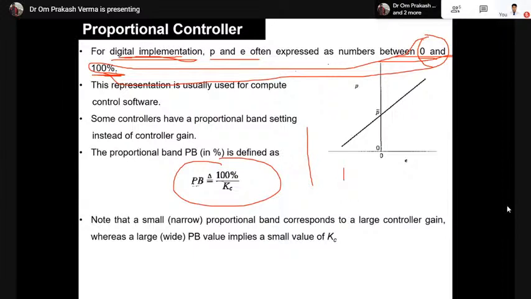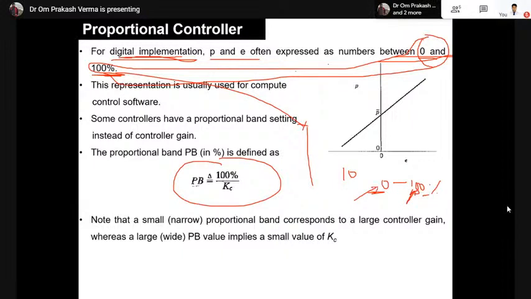In this specification, your valve opening is given in terms of percentage, right? So suppose a 0 to 100% valve: 100% means your valve is totally open, and 0% means your valve is totally closed. Okay, or the reverse: 100% means the valve is totally closed, and 0% means it is totally open.